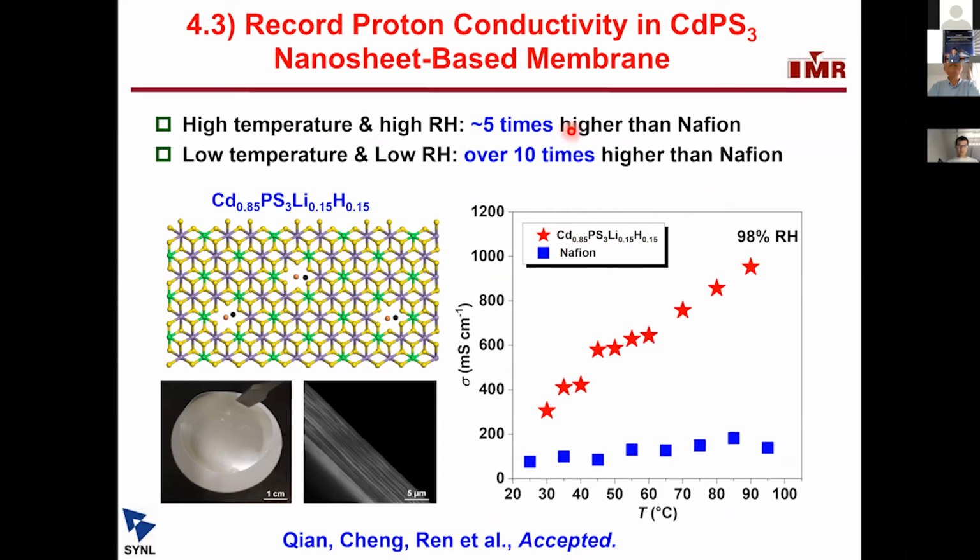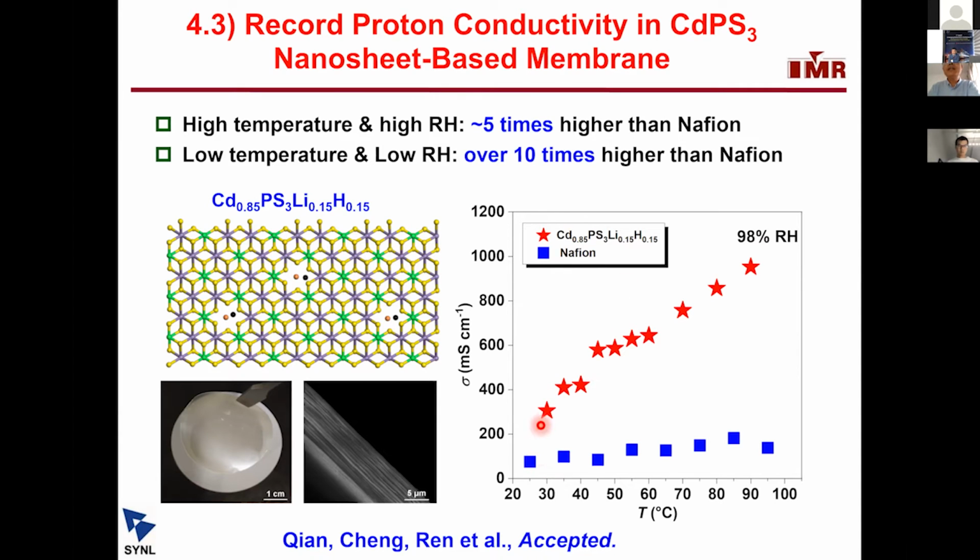It's 5 times higher than Nafion at high temperature and high humidity, and over 10 times higher than Nafion at low temperature and low humidity.